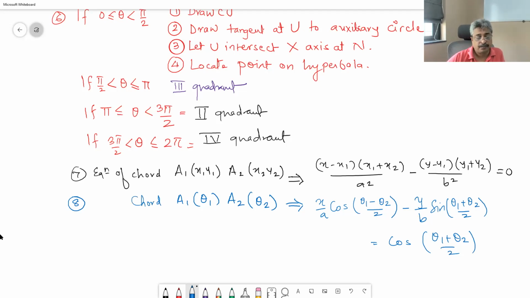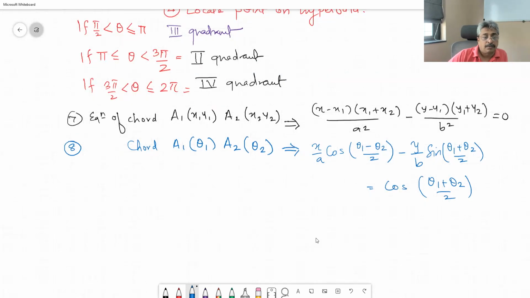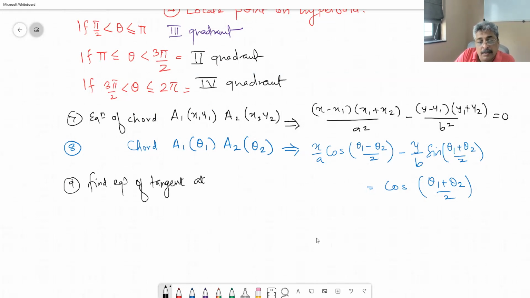Next, find the equation of the tangent at (x1, y1), which is x1 upon a square minus y1 upon b square is equal to 1.